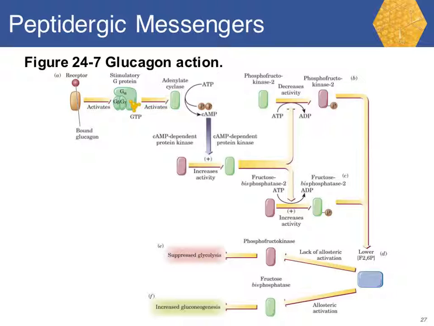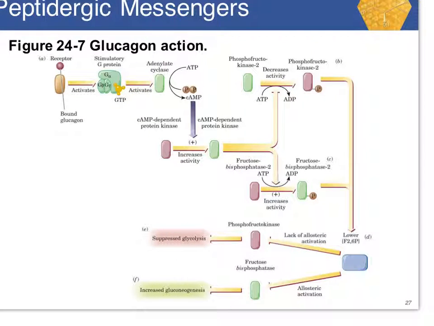These two phosphorylations of those two enzymes work collectively to produce a lower concentration of F2,6-P, which has a really long name, fructose 2,6-bisphosphate, which is just referred to as F2,6-P, which is responsible for a lack of allosteric activation of phosphofructokinase 1 and the end result of lower glycolysis or increased gluconeogenesis.